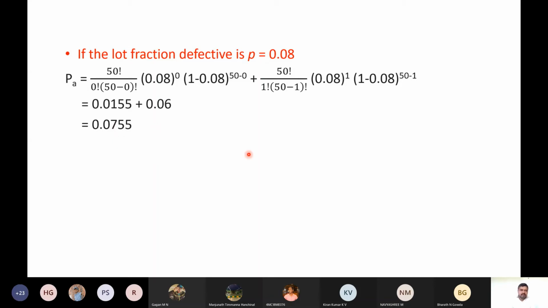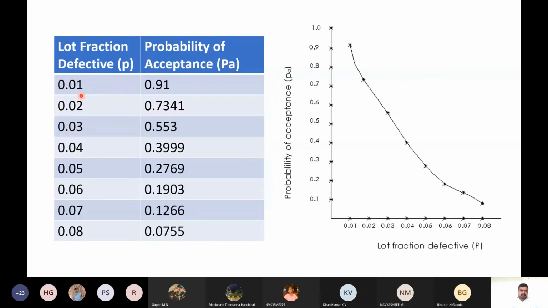Based on this, next I should go for plotting the curve. I am writing this in a table: lot fraction defective, which we should consider on our own, from 1% to 8%. Next, I determined the probability of acceptance values using the equation and procedure I explained. Next, go for plotting the OC curve. On the y-axis, consider the probability of acceptance, that is the PA value.